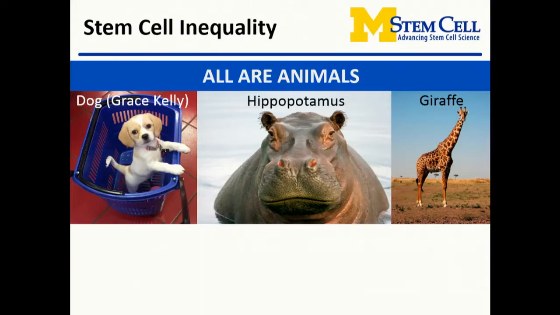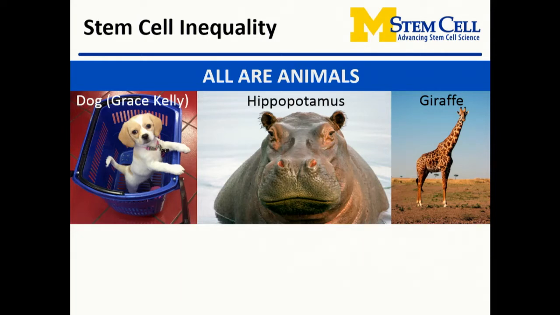One thing I'd like to point out as a learning moment is not all stem cells are the same. There is some stem cell inequality. I'll use an analogy here. If we look here, all of these are animals, but they're surely not the same.